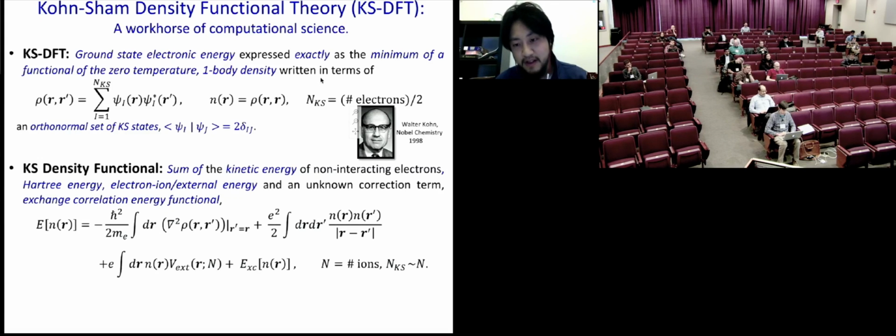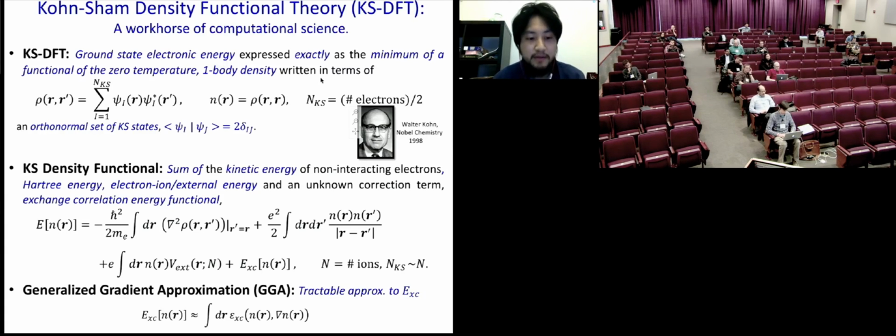The first 3 terms are easy. The last term is the exchange correlation, which is a bit more complex, and people have developed different kinds of methods. Here we just adopt one of the popular ones. It's called GGA, the Generalized Gradient Approximation. Basically, it takes into account both the density and the gradient of it to calculate this energy term.